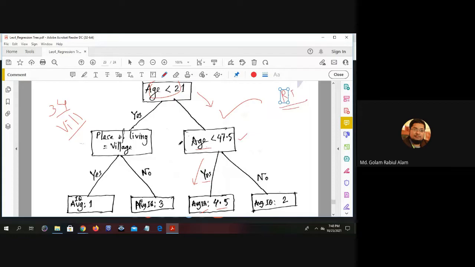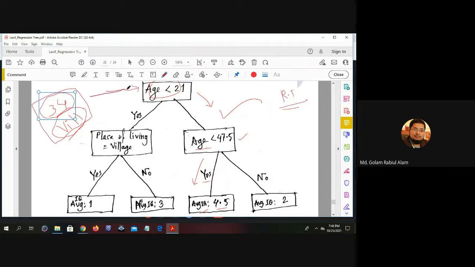Like maybe one person is 34 years old and lives in a village. Can this tree answer or predict the IQ score of this person?